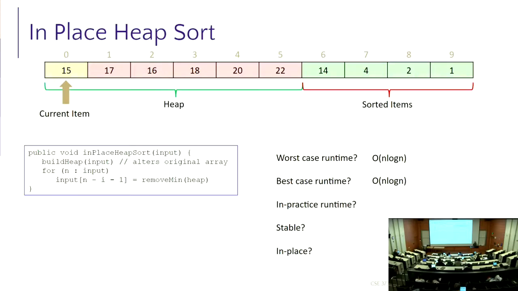And since we're actively pulling in the thing from the bottom of the heap, we know it's likely going to have to travel the entire height of the tree, probably back down. So each of these percolate downs that get triggered after these remove mins is probably having a big item that got put at the top that now has to travel all the way back down. So we end up with an n log n best case, worst case, and also in practice runtime.